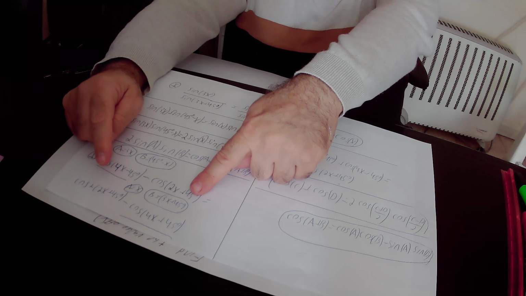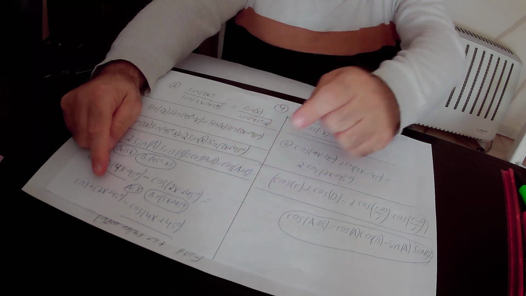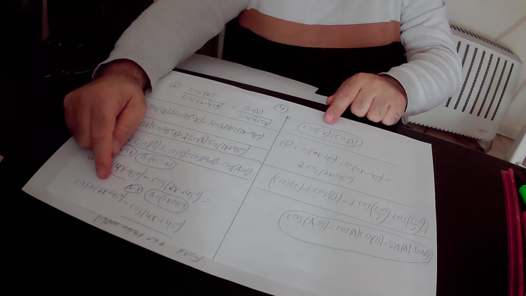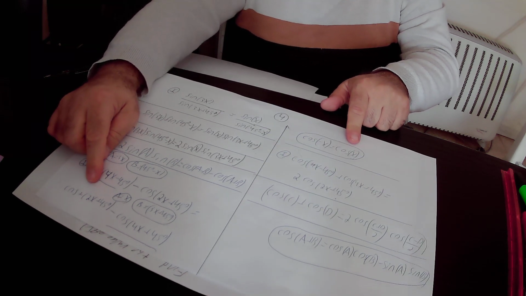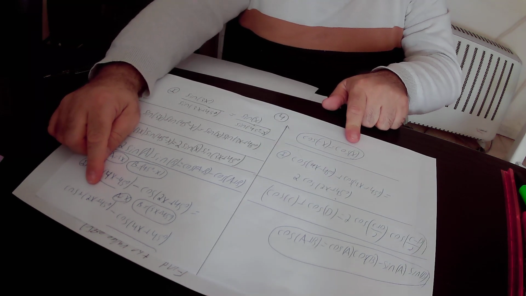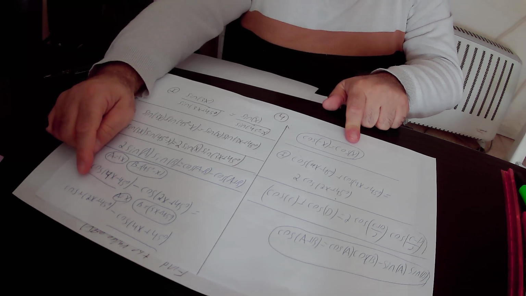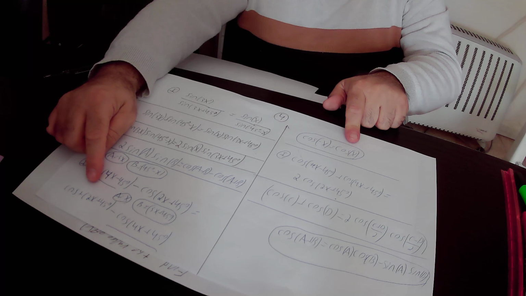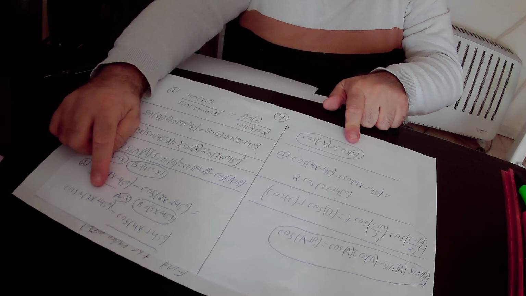So in conclusion, we found that this expression equals cosine minus 2x plus 45 degrees. But because cosine minus x equals cosine x, we can turn the negative sign to a positive sign, and we get cosine 2x plus 45 degrees.